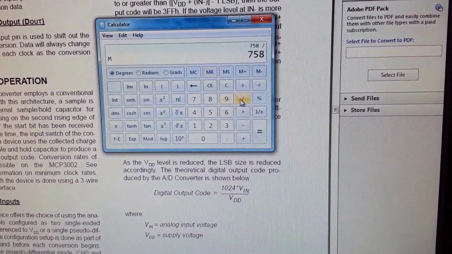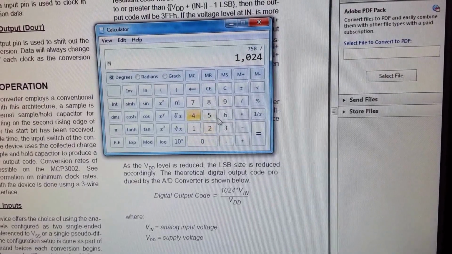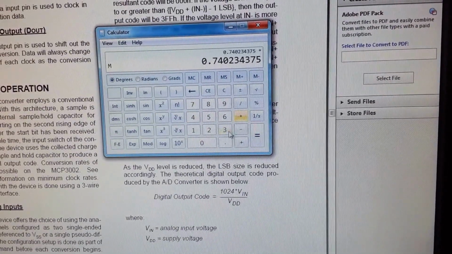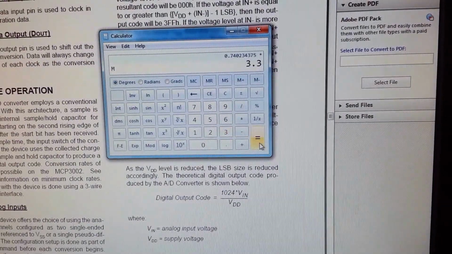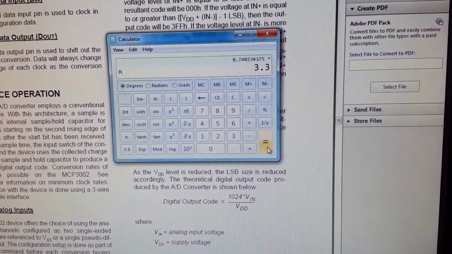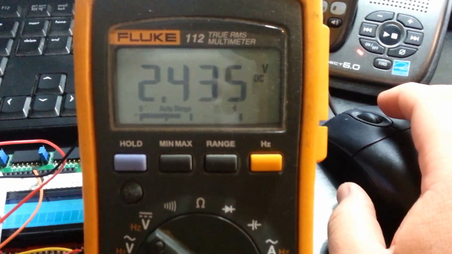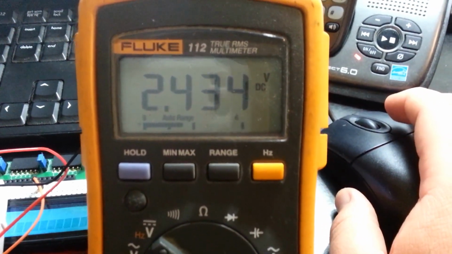And that should give us somewhere around 2.4. It gives us exactly 2.44, which is almost exactly what we're looking at here.